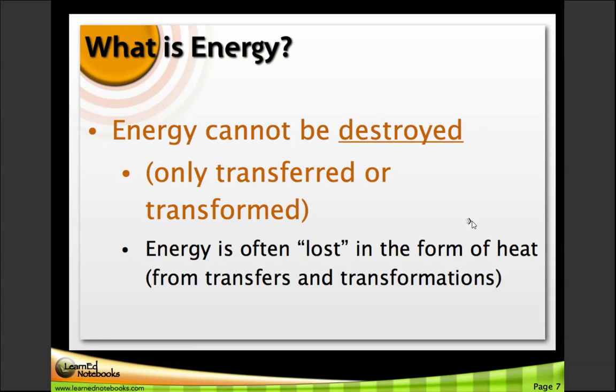Now, there is a way that energy can be lost, and that is in the form of heat. Even in the most efficient system, you still get a little bit of loss of heat, a little bit of lost energy, because moving things cause friction.